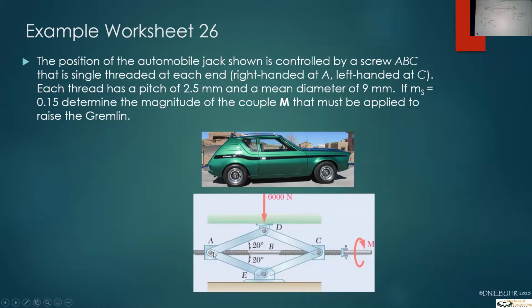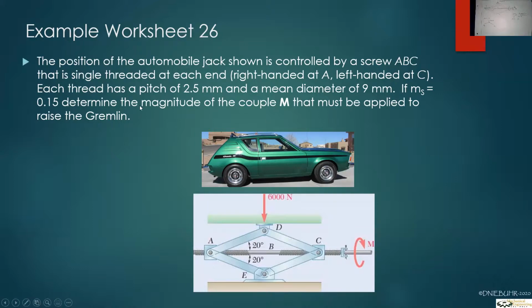You'll have left-hand threads on one side, on C, and right-hand on the other, because if they were both the same threads, then you could just rotate this in and out and nothing would ever change. This gives you a significant mechanical advantage as you're rotating it, and you're able to raise up part of your car. So, a typical scissor jack. Let's look at what we're trying to solve.